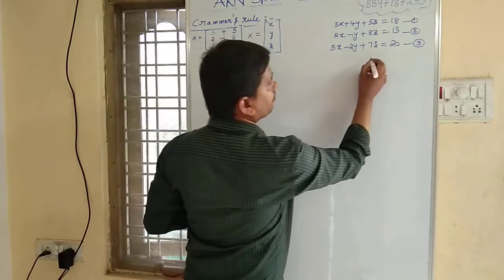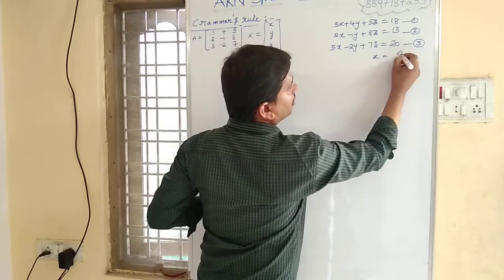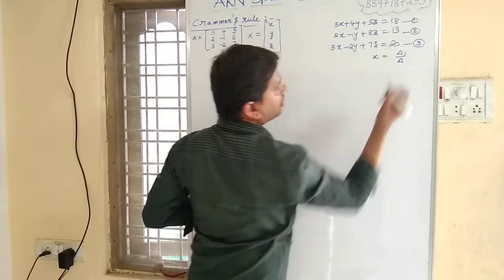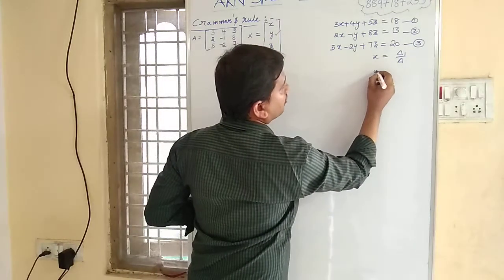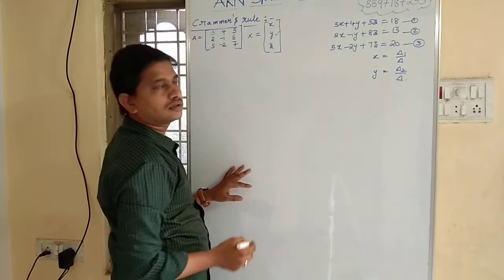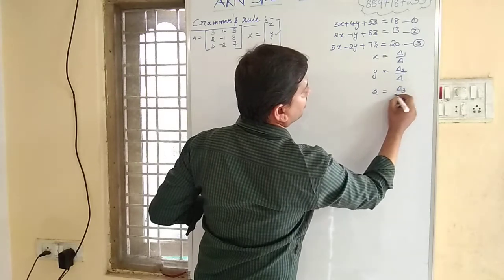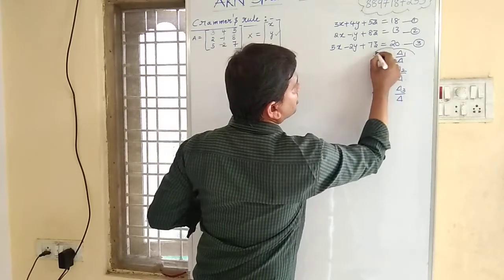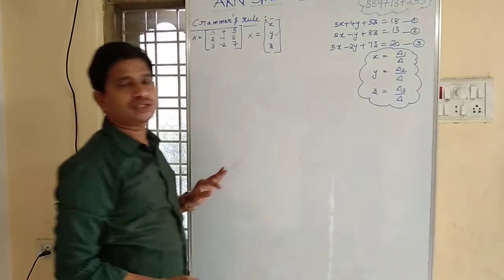Children, remember, to find x we have the formula delta 1 by delta, to find y the formula delta 2 by delta, and to find z the formula delta 3 by delta. This is the most important point when we are solving Cramer's rule.